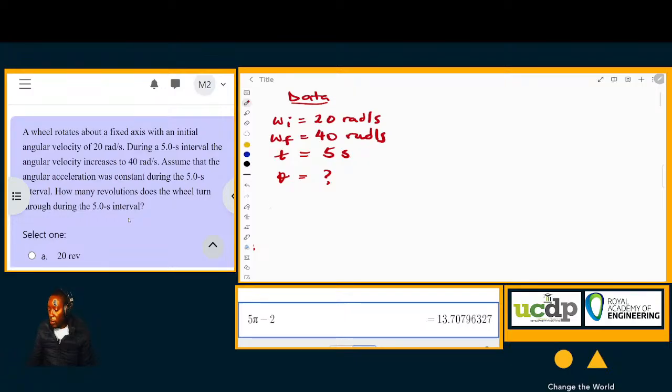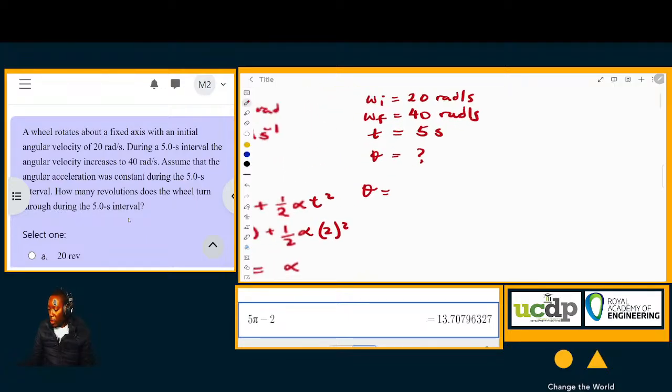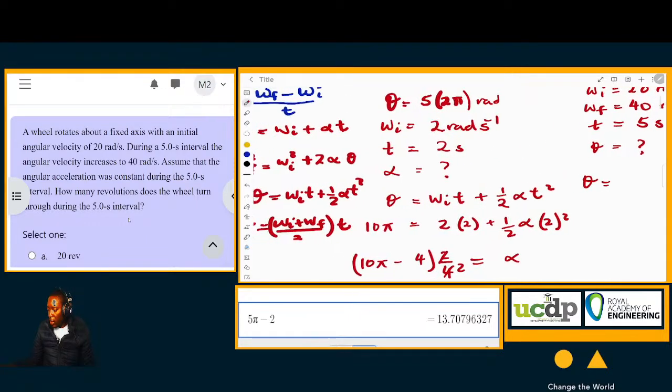So what we do, omega final, omega initial, and t. So theta is equal to omega final squared minus omega initial squared. We don't have theta, which is what we want, over 2a. We don't have alpha. So which equation do we resort to here given these quantities?